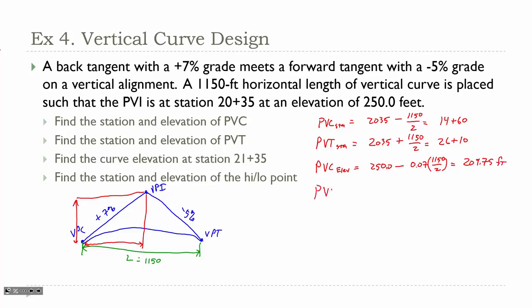Same thing with the PVT, only this time we're subtracting 0.05. What is it? 221.25.